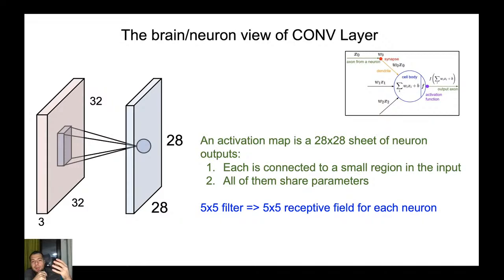And in one location, we can interpret the activation map as a sheet of neuron outputs, and each pixel or each component in this activation map is a different neuron, but these neurons share the same weights, so they have the same parameters in every location. So it's a much more efficient way to connect the output from the previous layer to the current layer of neurons.